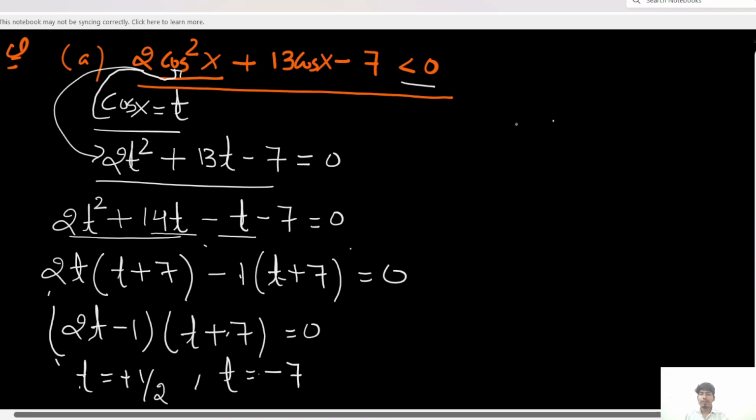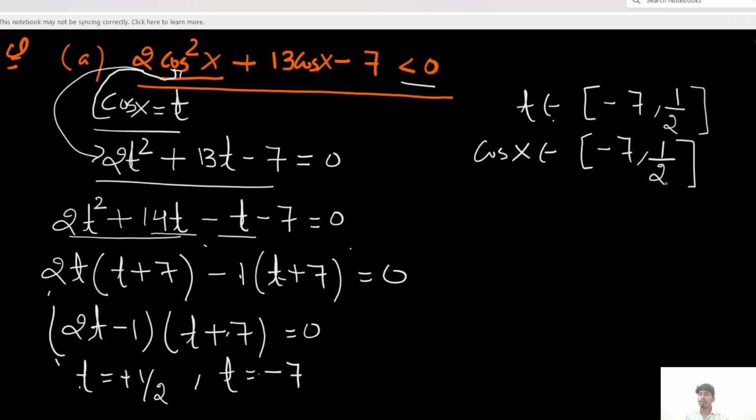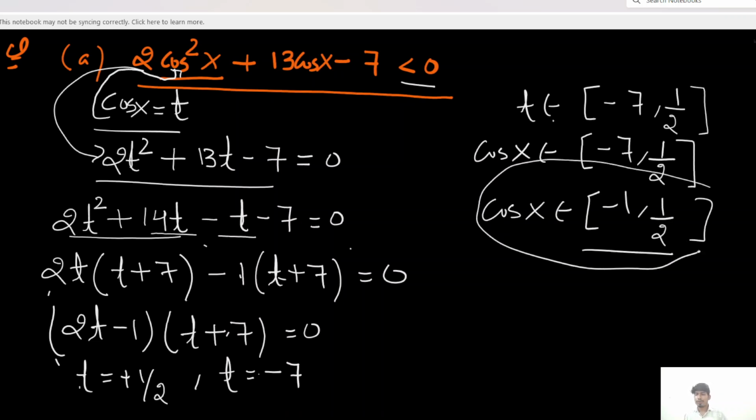Then t belongs to minus 7 to 1 upon 2, which means cos x belongs to minus 7 to 1 upon 2, but we know the cos x range is minus 1 to 1, so cos x belongs to minus 1 to half. Okay students, this is our solution.